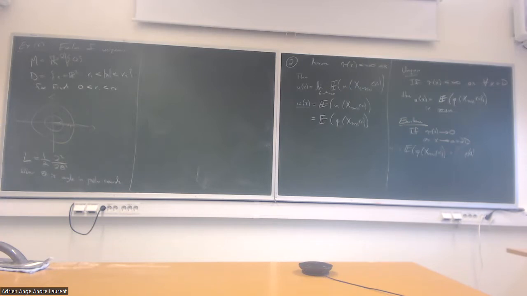But somehow the behavior is related, right? What this means for us is that intuitively a diffusion could start here and just go around forever and just never exit. That's the idea.